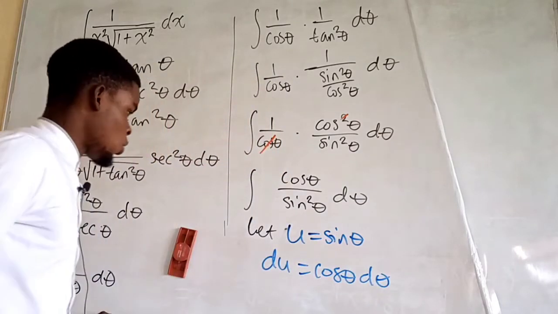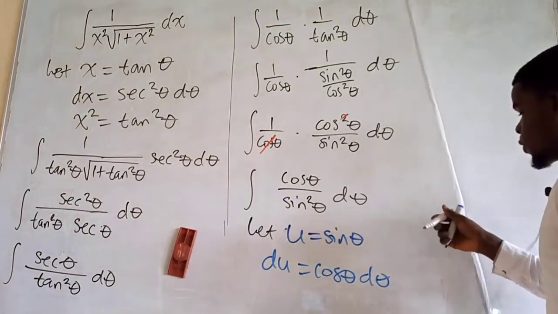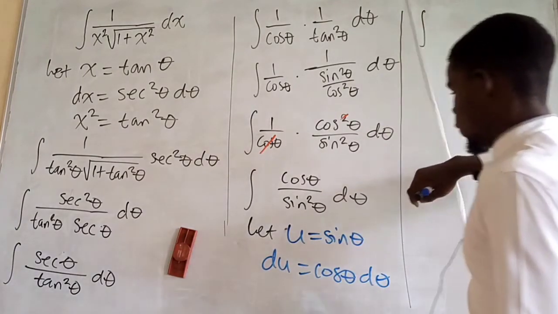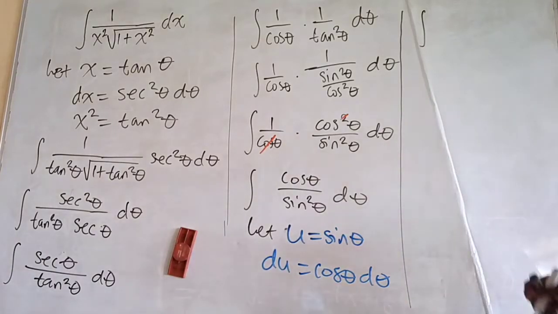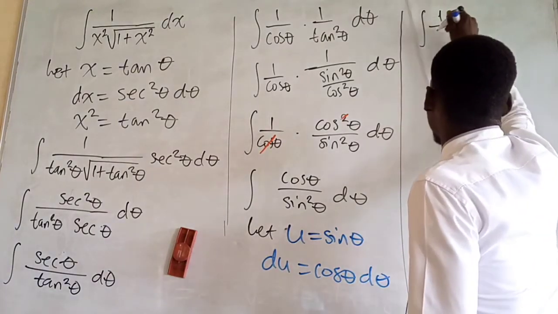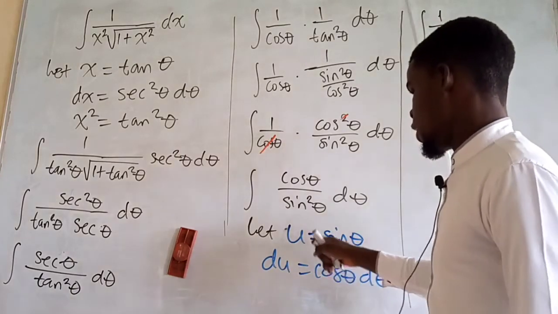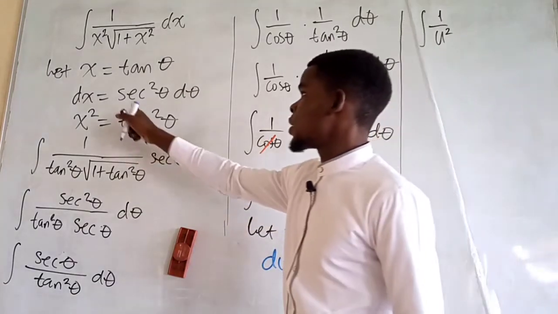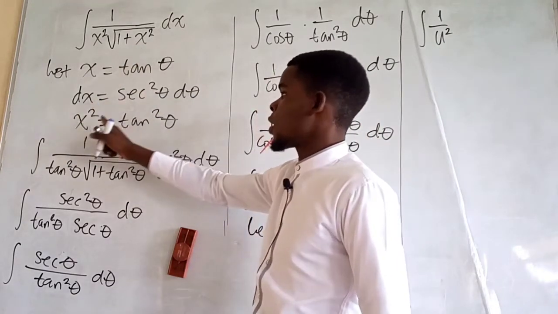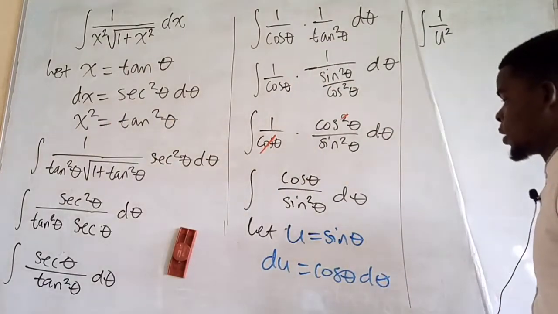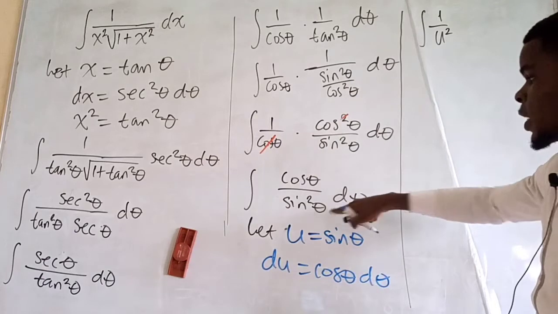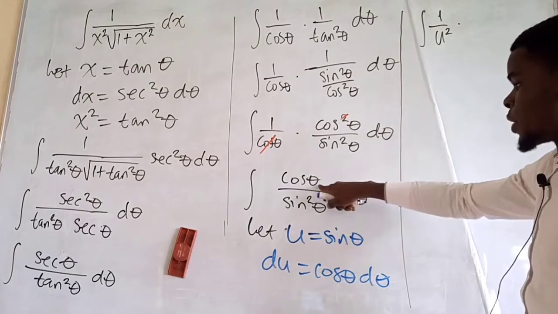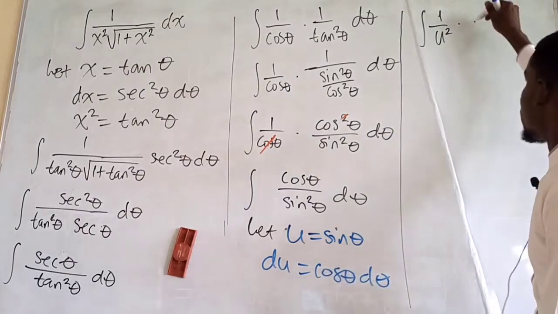So if that's the case, then our integral will now become the antiderivative of 1 over u squared. You know that u is sine theta, so if you square sine theta, you're going to have u squared, just like when we squared x, it became tangent squared theta. So 1 over sine squared theta is the same thing as 1 over u squared, times cosine theta d theta, which is just du.